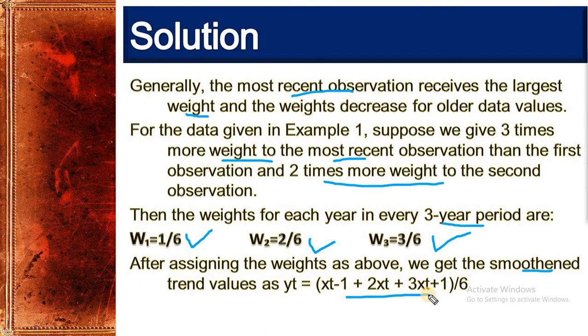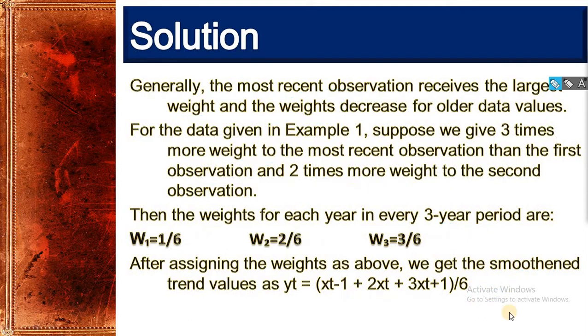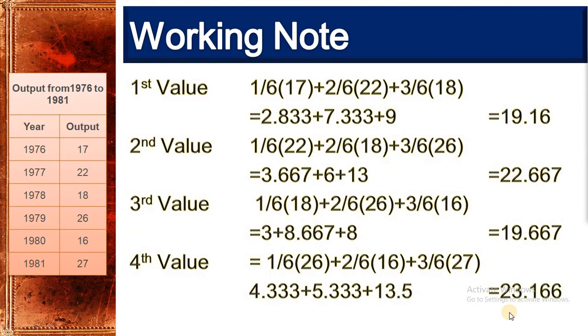I will show you 2 types of calculation for the unequal weighted moving average method. One is very simple, and the other is after applying this equation. Here we have the output from 1976 to 1981.